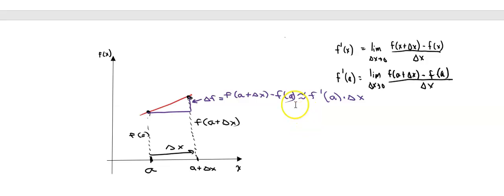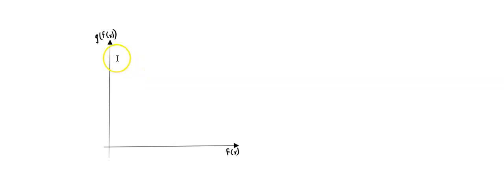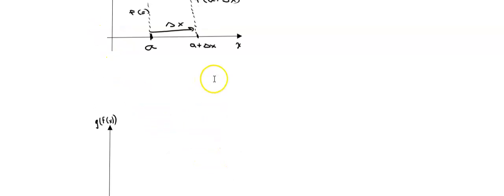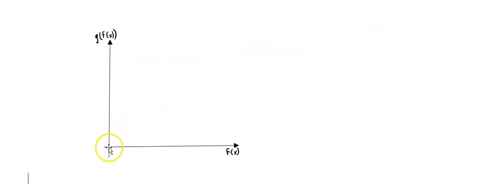Now watch this. We're going to examine the same way of thinking, but not on a function f of x, but on the composition of two functions. There's another function, g, that is the composition with f of x. And so keep in mind that with composition of functions, the output in one function becomes the input in the next.